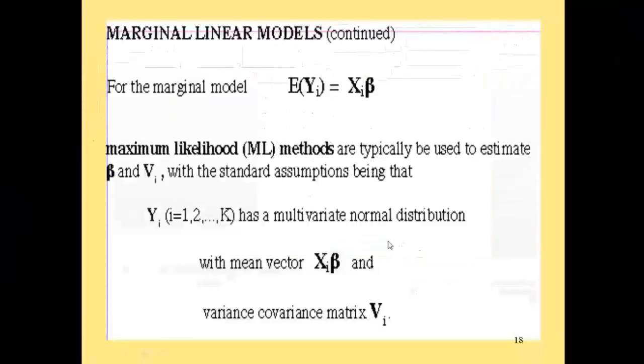Okay. So that's really all this slide is saying, is that we use maximum likelihood estimation to estimate the betas, and we have to estimate the parameters that go into constructing the variance-covariance matrix for our outcomes, V_i.